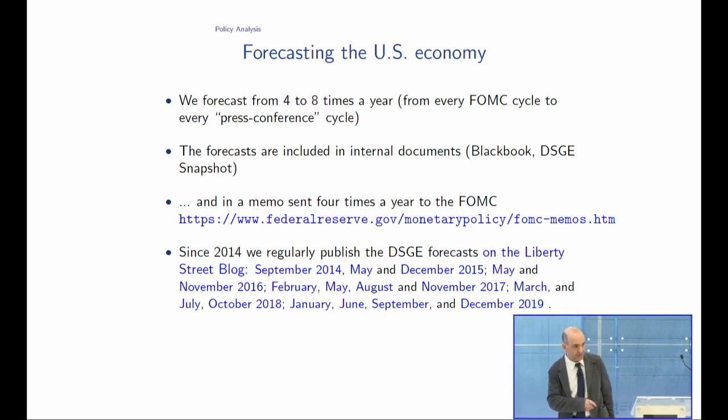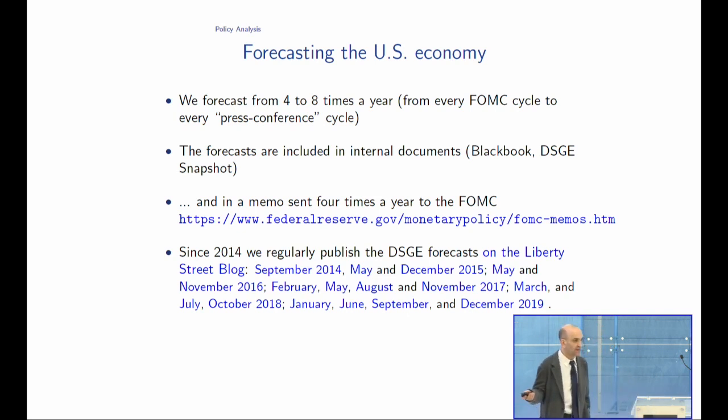Now, another aspect of the open source view that we have is that actually you don't have to wait 5 years to see our forecast, because we make it public pretty much right after we send it to the FOMC.